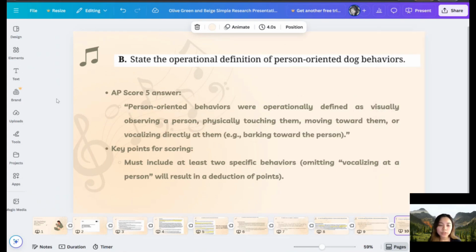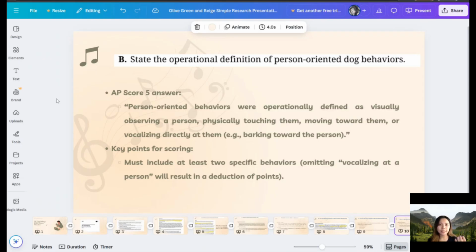So in order to get an AP score of 5, you need to state it out. Person-oriented behaviors were operationally defined as visually observing a person, physically touching them, moving toward them, or vocalizing directly at them. An example is barking toward the person.